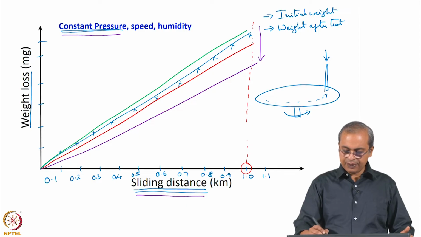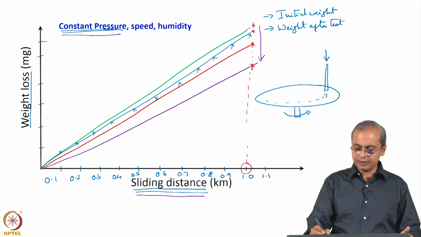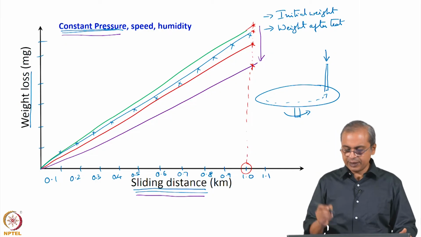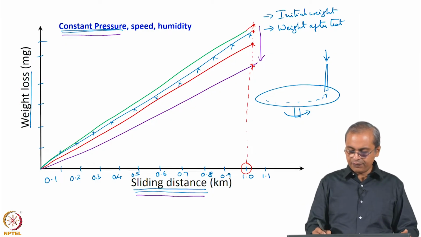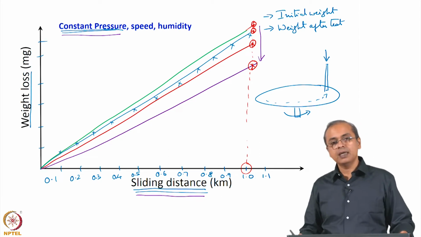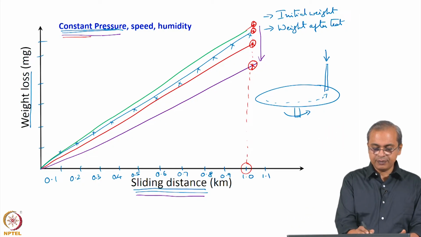You will get one weight loss value here, one here, wherever those curves meet. In this schematic you can already see at that 1 kilometer distance you have one sample that gives you this value of weight loss, a higher value of weight loss, then the third sample gives you higher value of weight loss, and so on. This is at this particular value of pressure.